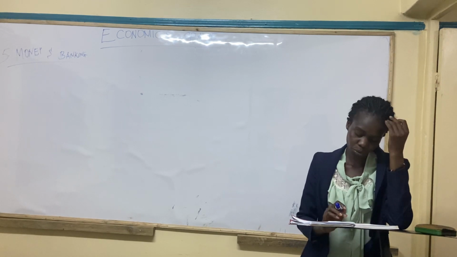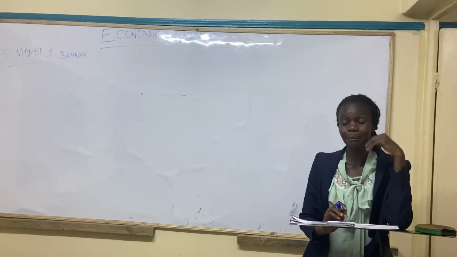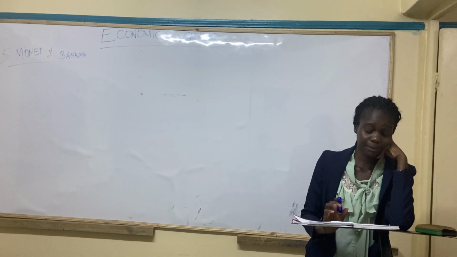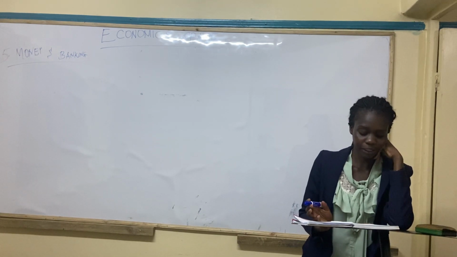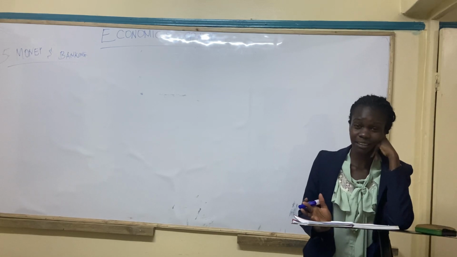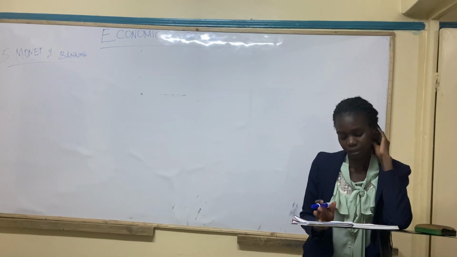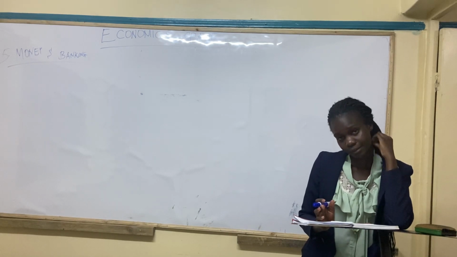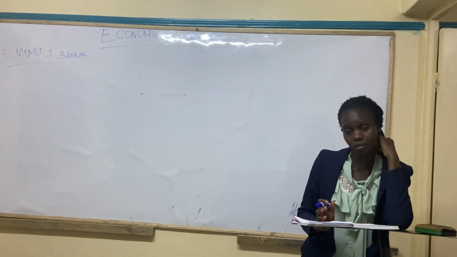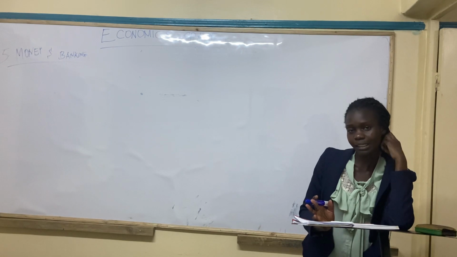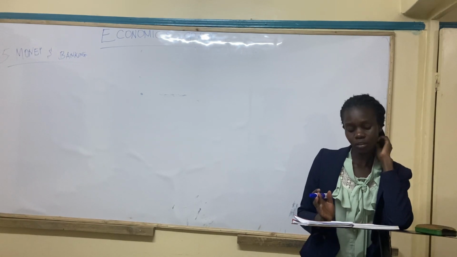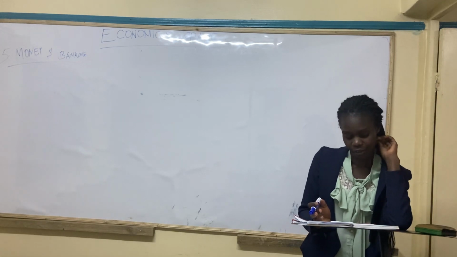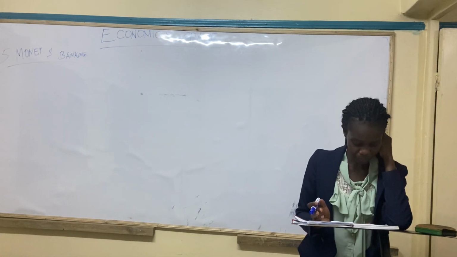So number 2, the second topic is the banking system. A banking system consists of institutions supplying money, and that includes the commercial banks and the Central Bank of Kenya. The first one is Commercial Bank, and the second one is the Central Bank of Kenya.